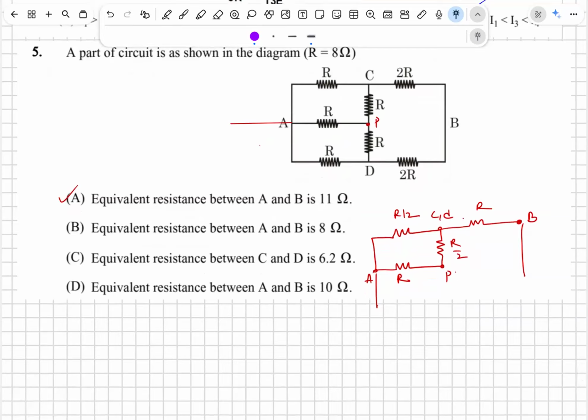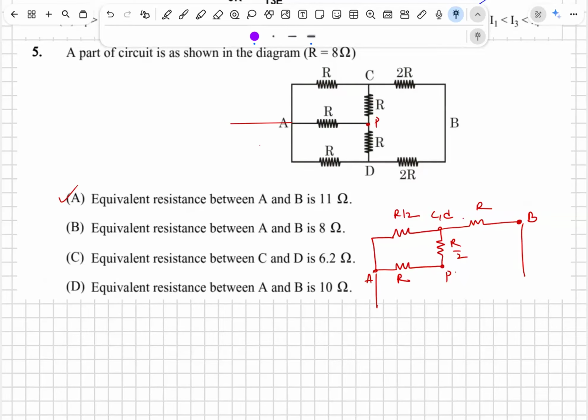Another option is what our friend was suggesting: this is already a star, so convert this into delta. I think all the three are the same. I think it is very comfortable: R1R2 plus R2R3 plus R1R3, because R square plus R square plus R square by R gives 3R.